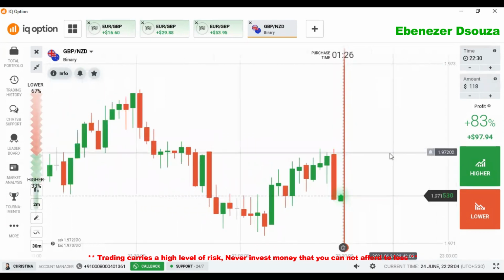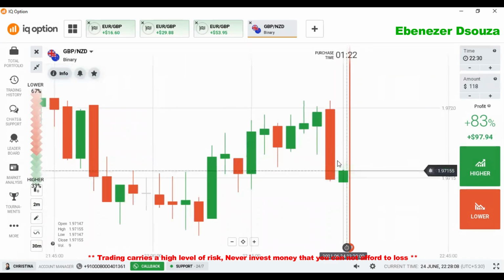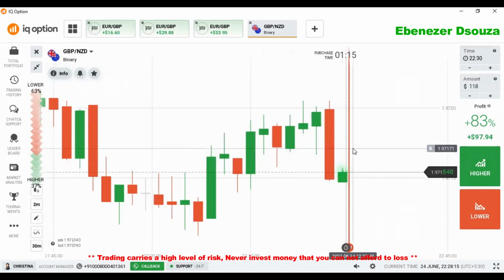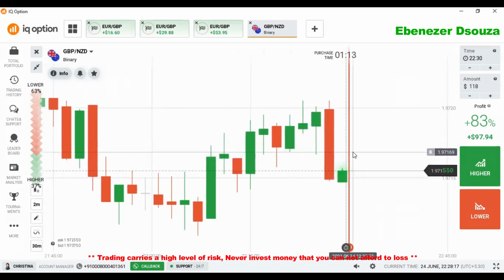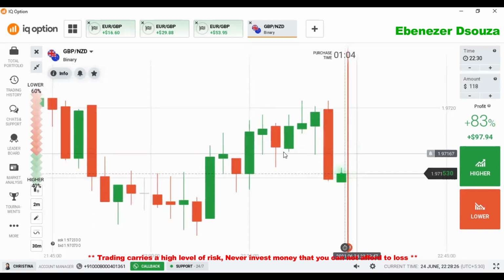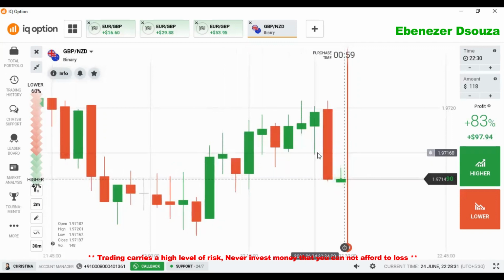So I will place here a lower option trade, but not from this point, but from this point, because it's a level. It's a level and it's a rejection point. If I place my trade from this point, it might be a margin of safety trade.